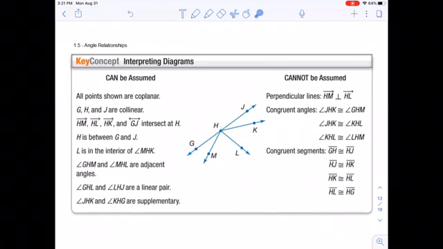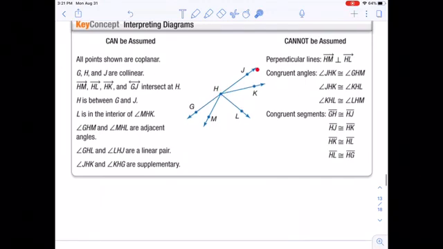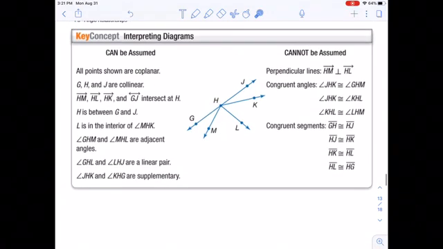GHM and MHL are adjacent angles because they share that vertex inside. GHL and LHJ are a linear pair. They form that straight line. JHK and KHG are supplementary because they also are a linear pair and form a line.